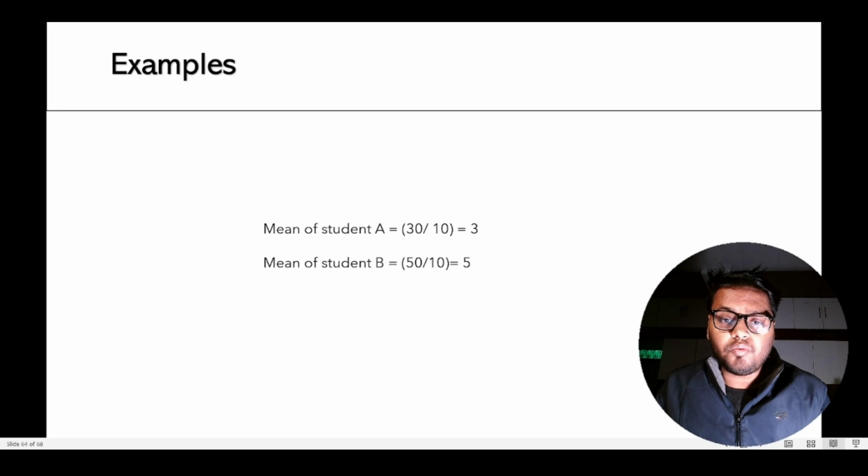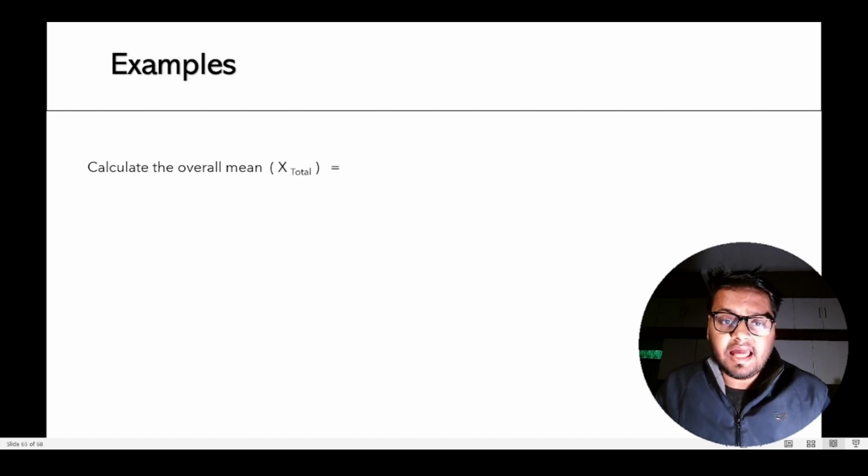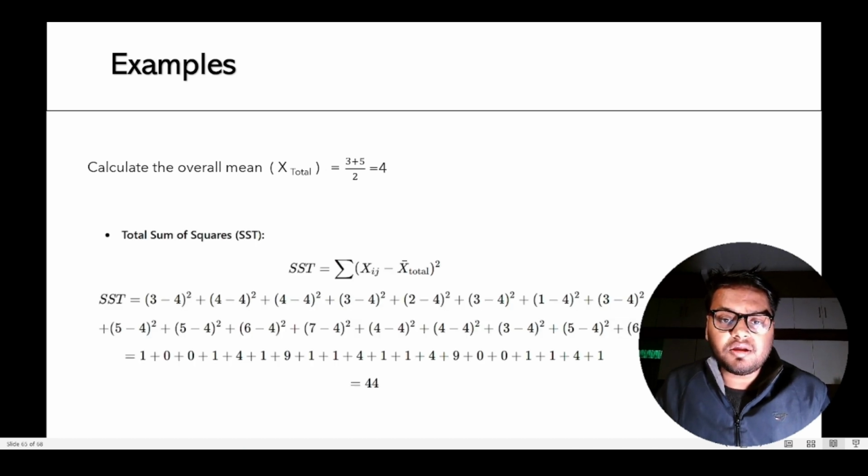First of all, we are going to calculate the mean of both students, student A and student B. The mean of student A is 3 and the mean of student B is 5. Next, I am going to calculate the overall mean, which is going to be 4. After that, we are going to calculate the total sum of squares.